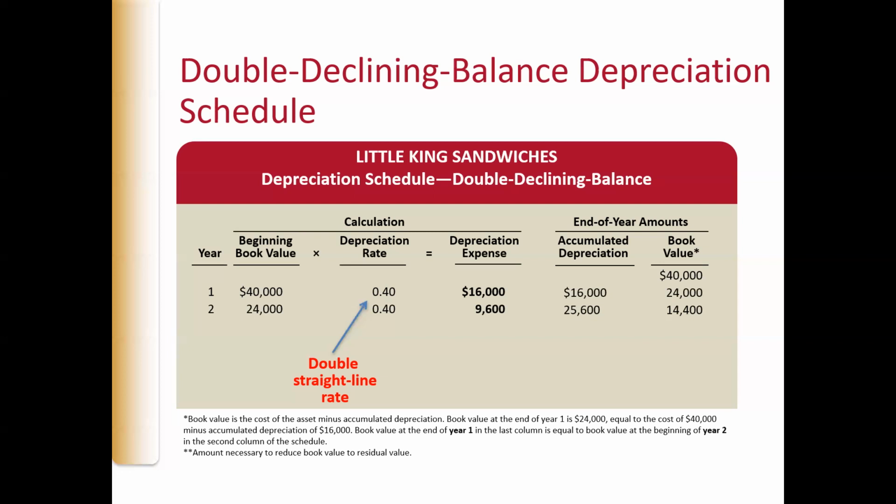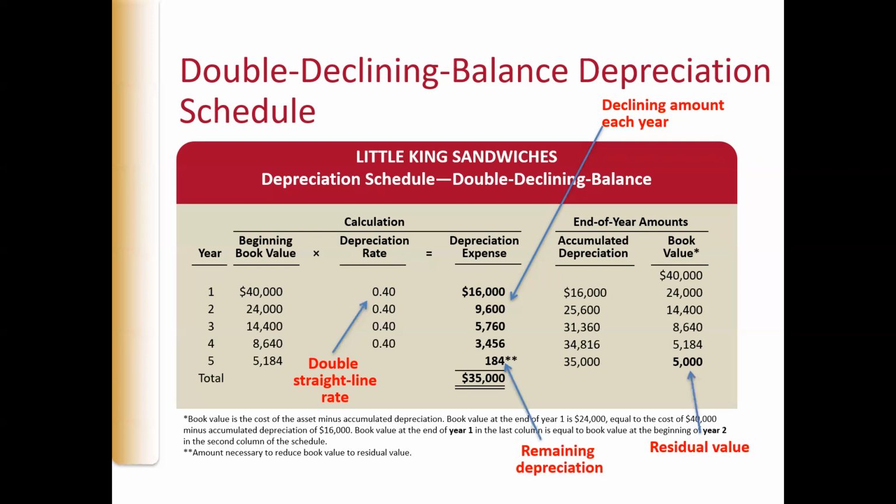Then at the end of the second year, we have an adjusted book value of $14,400 times 40%. The key here, guys, is we take into account the residual value at the end, meaning we cannot depreciate it below that residual value.